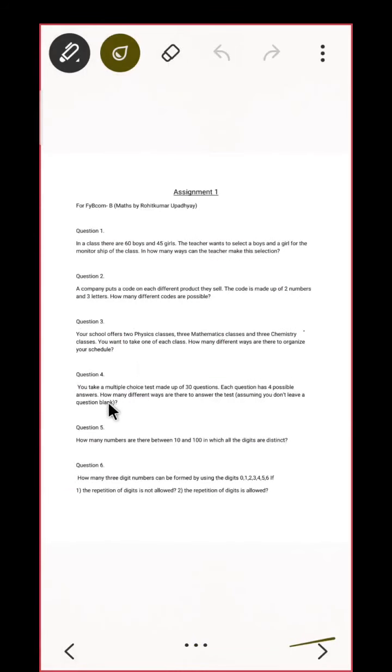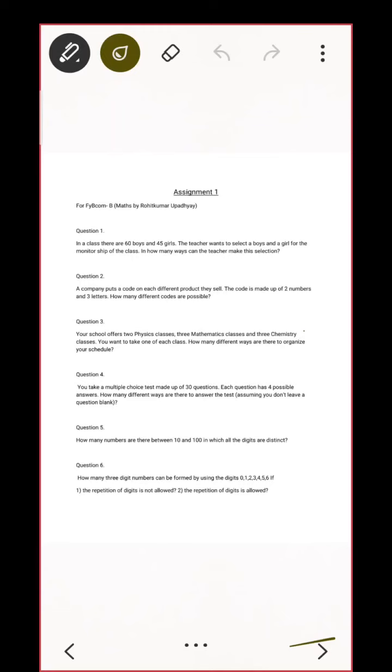Okay, what about next? You take an MCQ made up of 30 questions. Will somebody want to answer this? There are 30 MCQs, each question has 4 possible answers. How many different ways are there to answer the test, you don't leave a question blank? Okay, tell me. 4 raised to 30, everybody, do you agree?